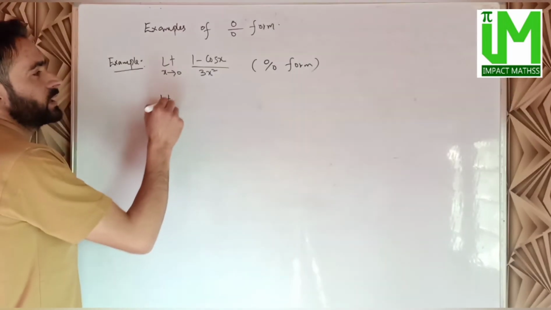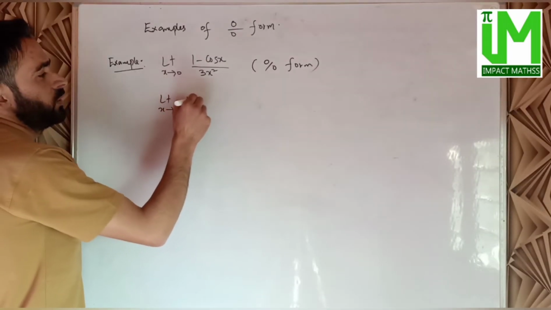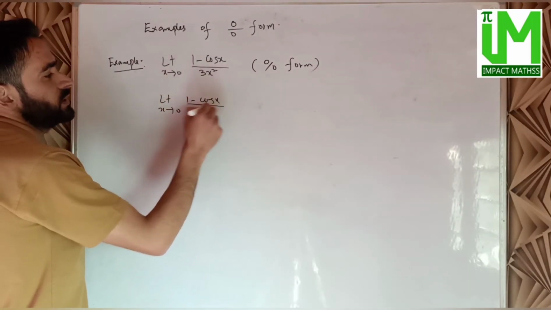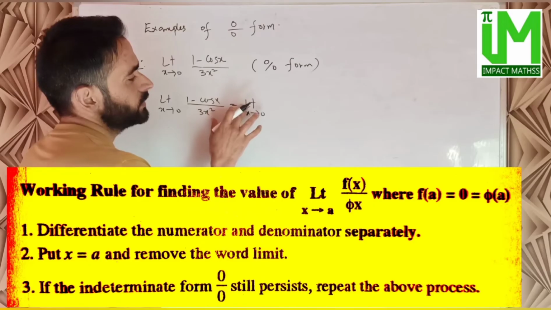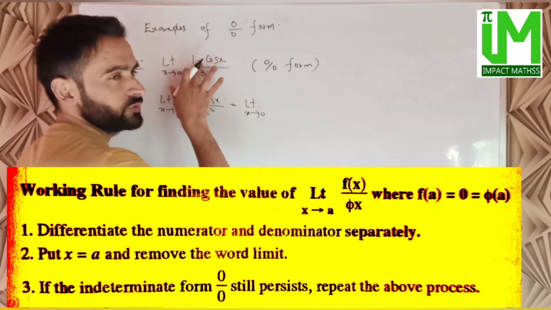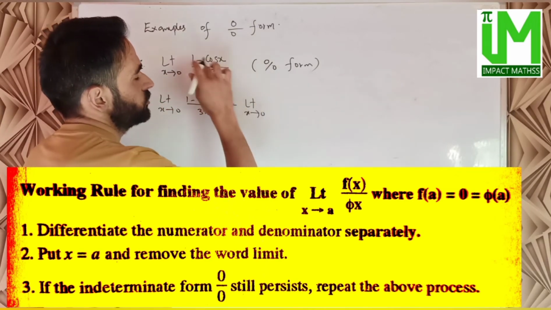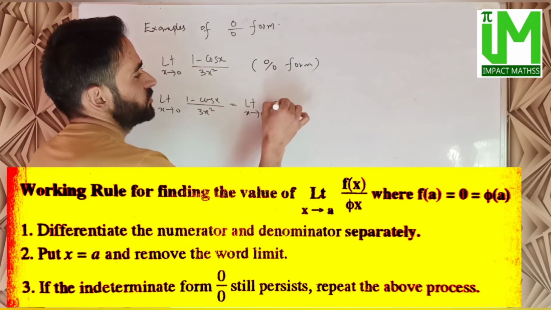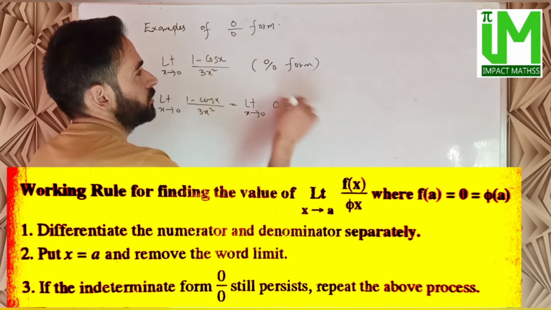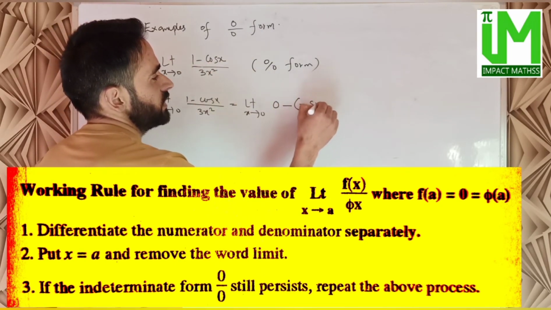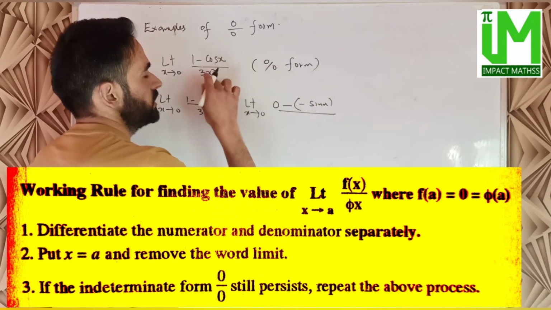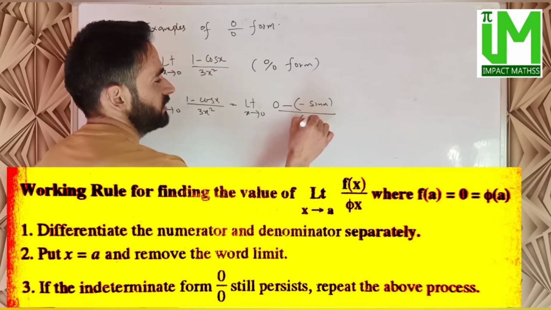That means limit x tends to 0 of (1 minus cos x) divided by 3x square will be limit x tends to 0 of the derivative of the numerator divided by the derivative of the denominator. So the derivative of the numerator is 0 minus cos x की differentiation, minus sin x, divided by 3x square की differentiation, it will be 6x.